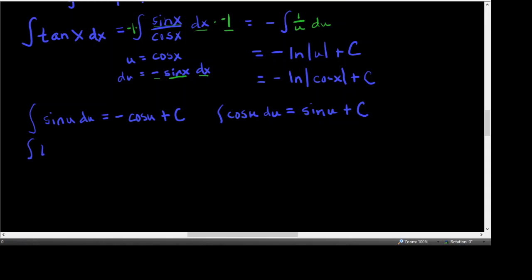The antiderivative of tangent of u du, the one we just derived, is negative natural logarithm of the absolute value cosine of u plus c.